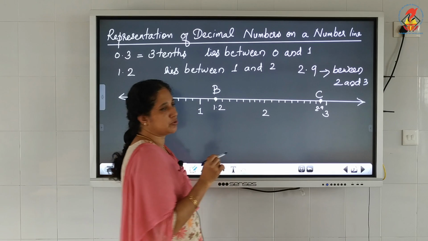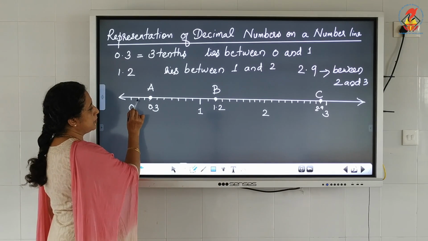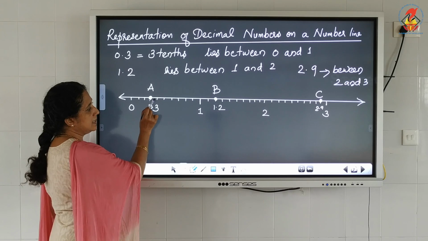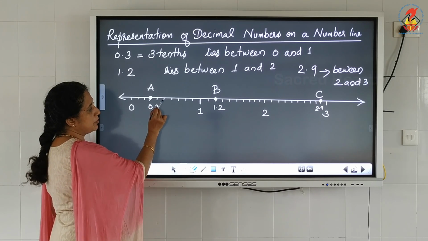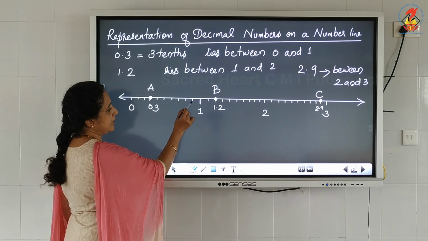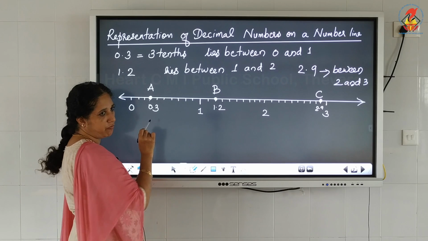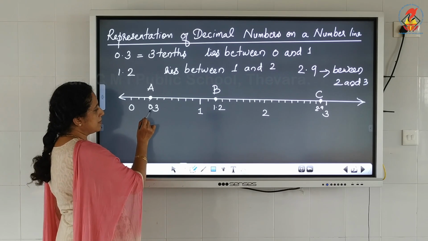C represents 2.9. So after 0, the first point will be 0.1, 0.2, 0.3, 0.4, 0.5, 0.6, 0.7, 0.8, 0.9. Then after 0.9, it will be 1. And look at the decimal number 0.3.